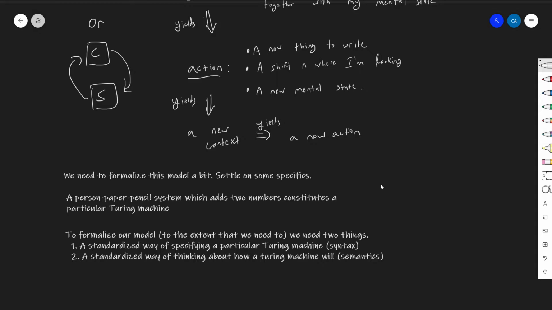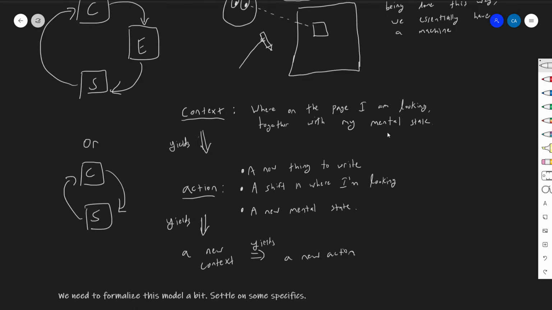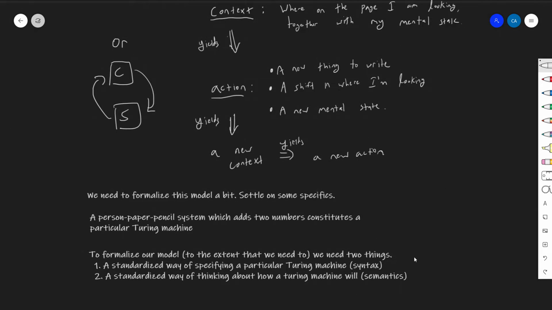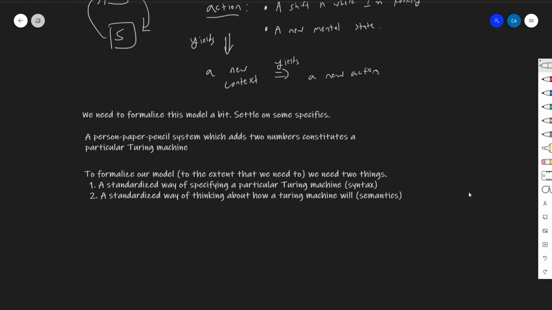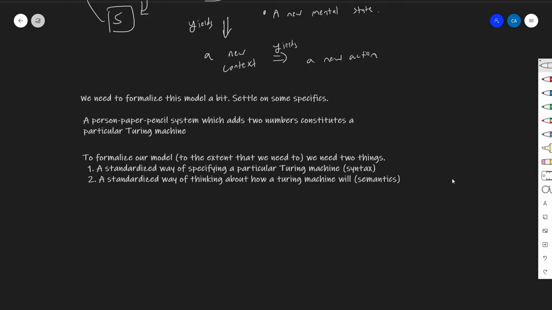And then we want a spelled out standard way of interpreting how these machines really work, which, again, we've mostly done already. We just need to make it much more clear. And so those are what I'm going to do in this video, or maybe a separate video. So we'll start with one.